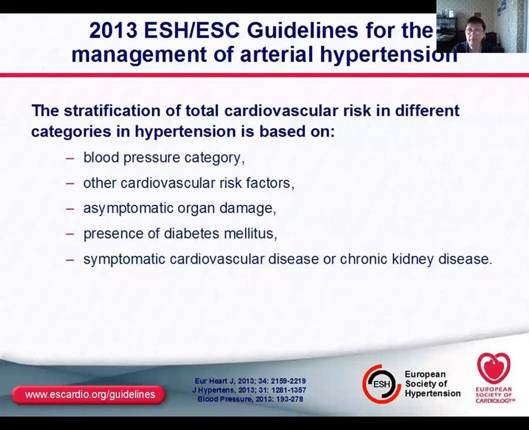Well, and also as the result of your examination of the patient with hypertension, you need to assess cardiovascular risk for your patient, that is the risk of complication, the prognosis for the longevity of life, and the changes in life.